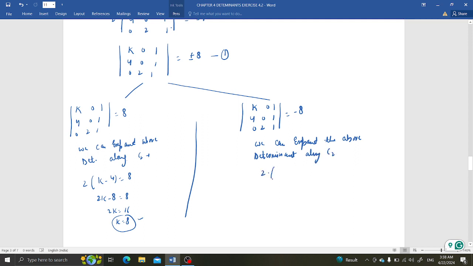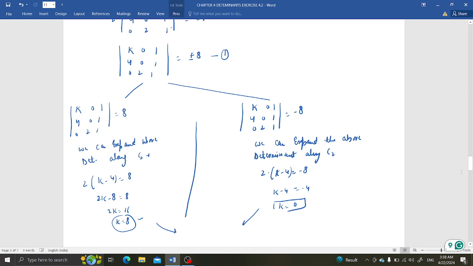So what we have, 2 into again k minus 4, but this time we have minus 8, so 2 into k minus 4 equal to minus 8, which gives k minus 4 equal to minus 4, and k equal to 0. Okay, so there are two values of k we are getting from above.